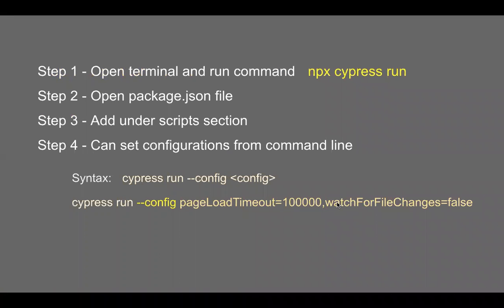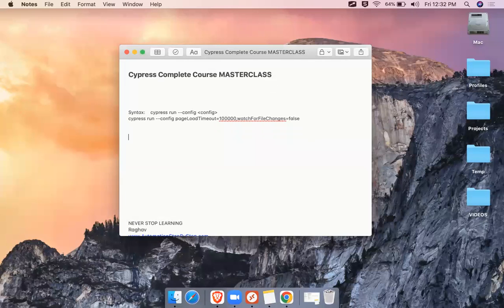And you can also use a stringified JSON value for this configuration. Sometimes you have a very complex configuration or multiple configurations, then you can always use a JSON format for this. So you can say Cypress run and --config. Let me increase the font so that you can see it clearly.